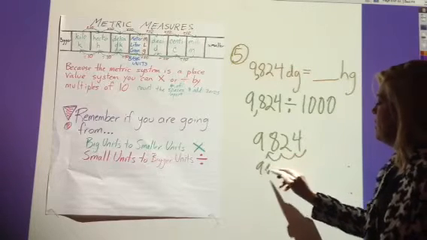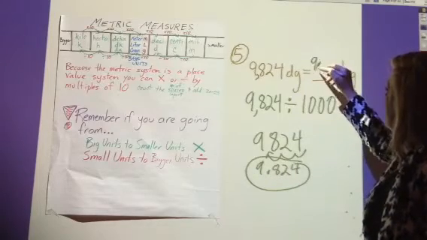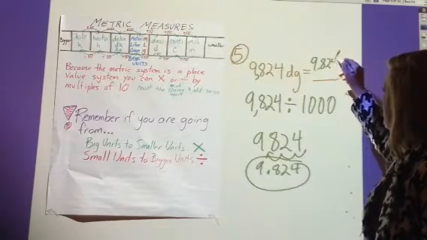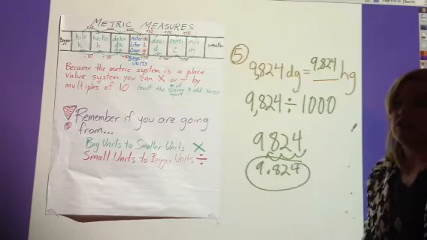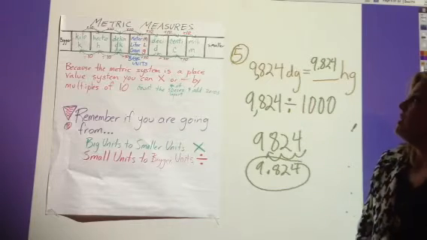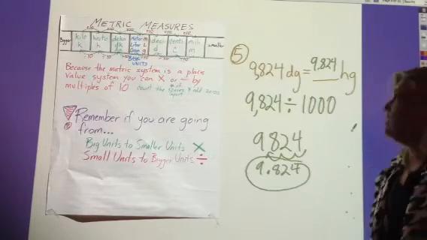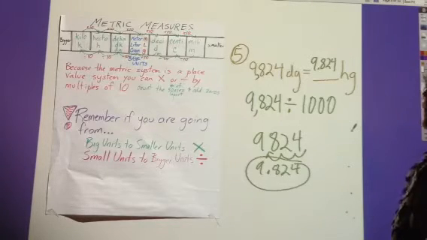That makes sense because 9 and 824 thousandths is a smaller value than 9,824. So again, 9,824 decigrams is 9 and 824 thousandths hectograms when I've converted it correctly.